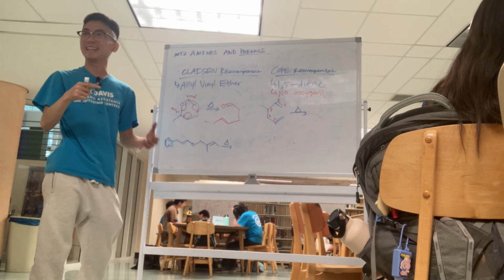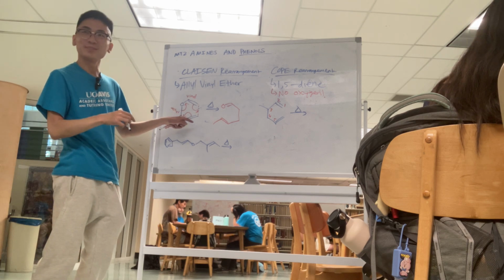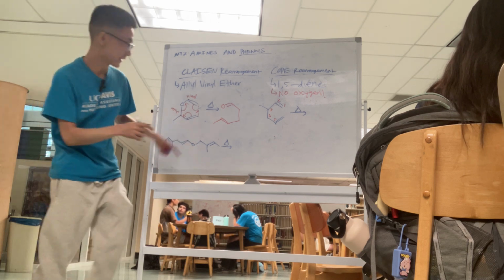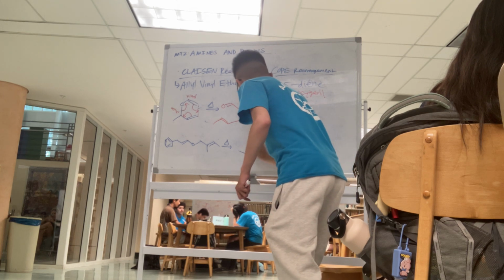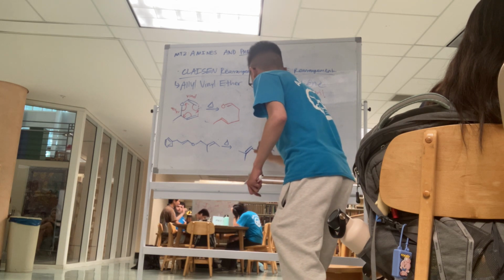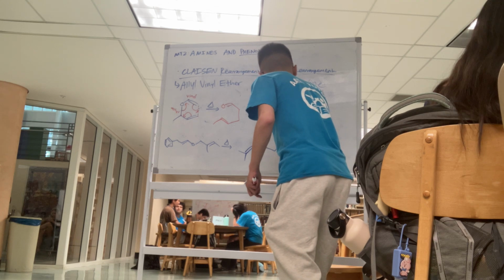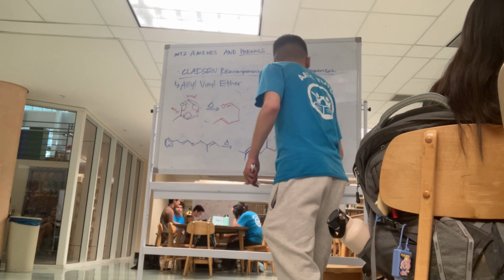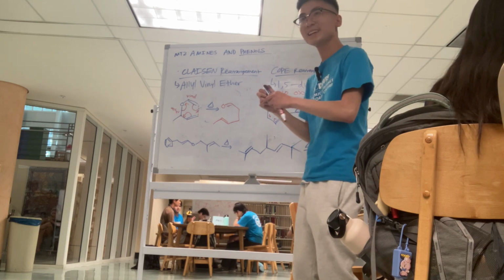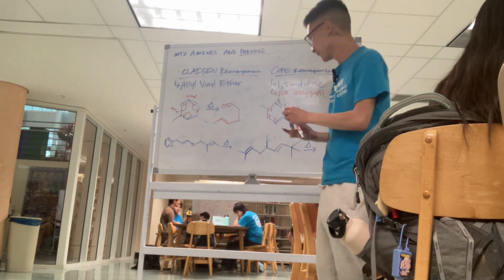Then you just have to rotate it into this template right here. And for this one, you can see 1, 2, 3, 4, 5. Heat, right? You can see it in this form as well for Cope.